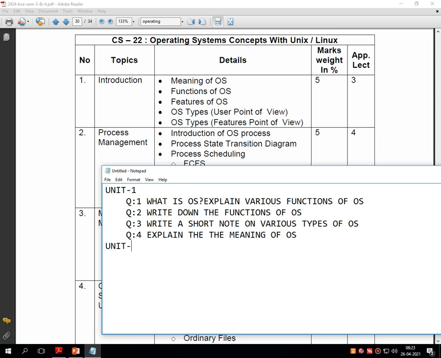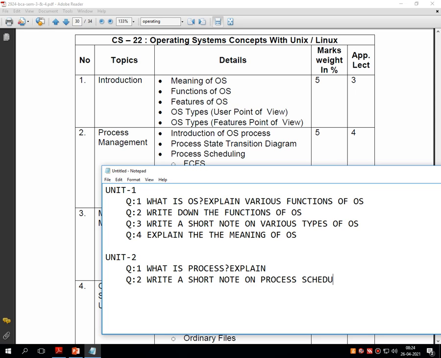Unit 2. Question number 1. What is process? Explain. Question number 2. Write a short note on process scheduling.